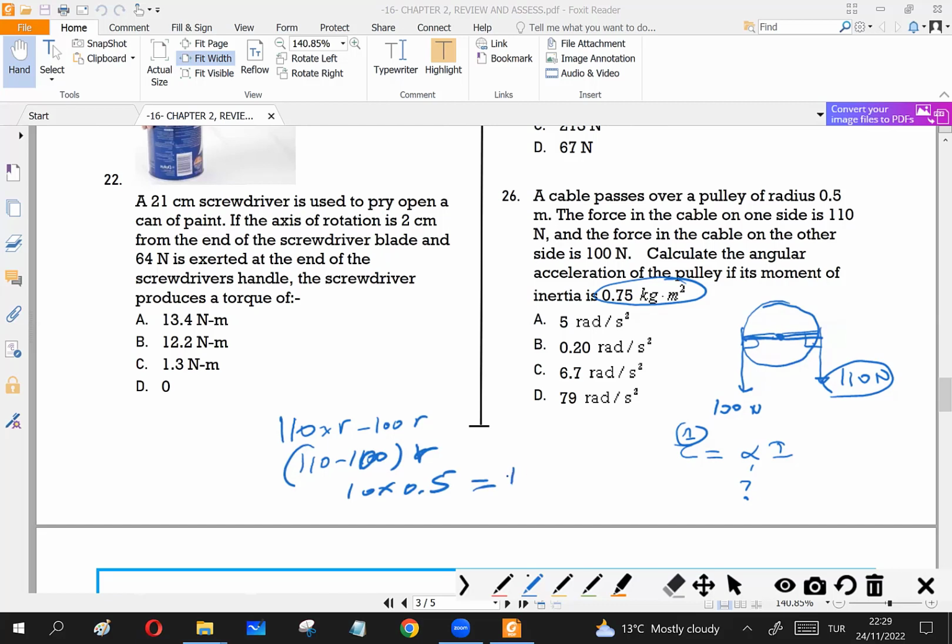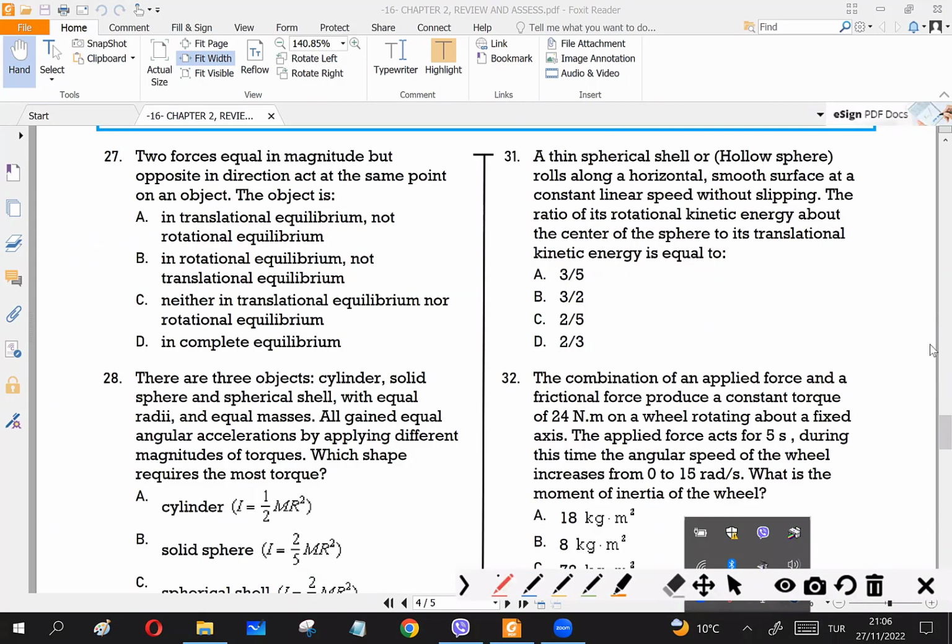Then it's going to be I times alpha. I is also given, it's 0.75. So divide 10 times 0.5 by 0.75, you will find the answer. So this is 6.67.